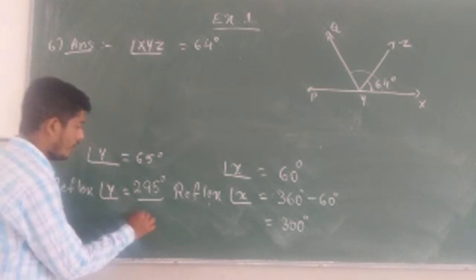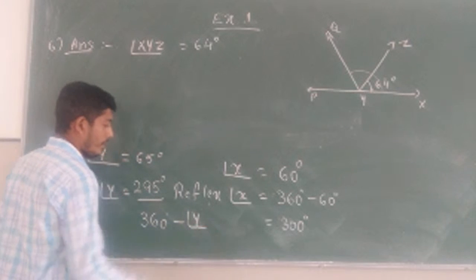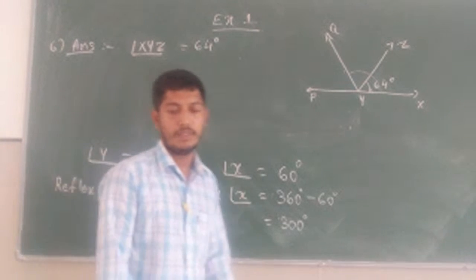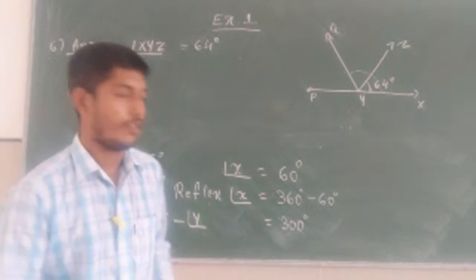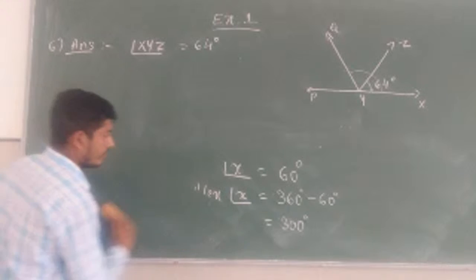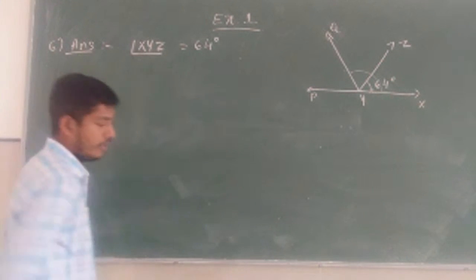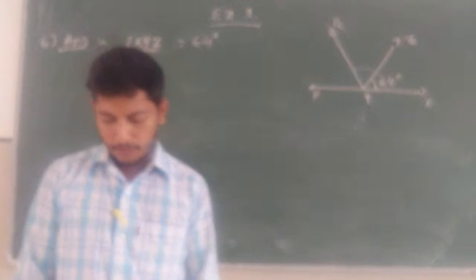You have to subtract the angle y from 360 degrees. So this is the method to find the reflex of the angle. These are the main requirements to solve this problem.